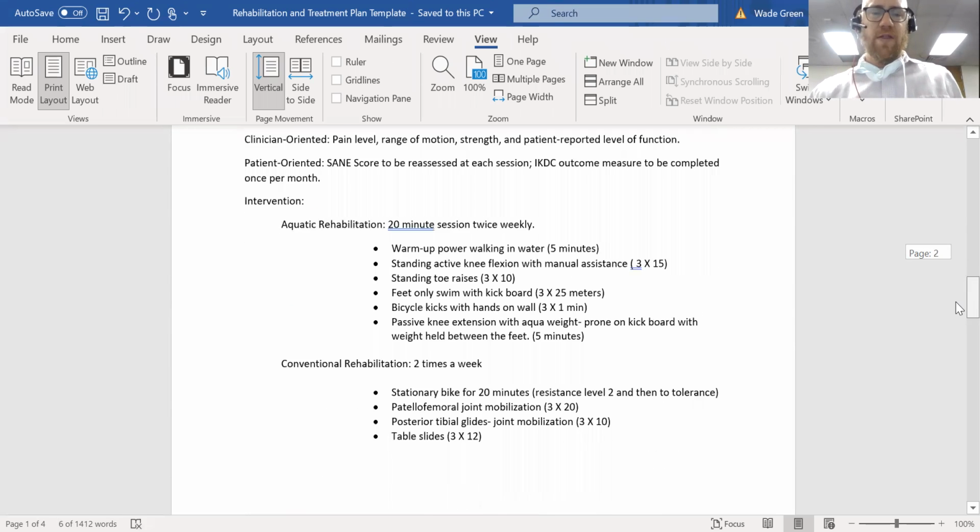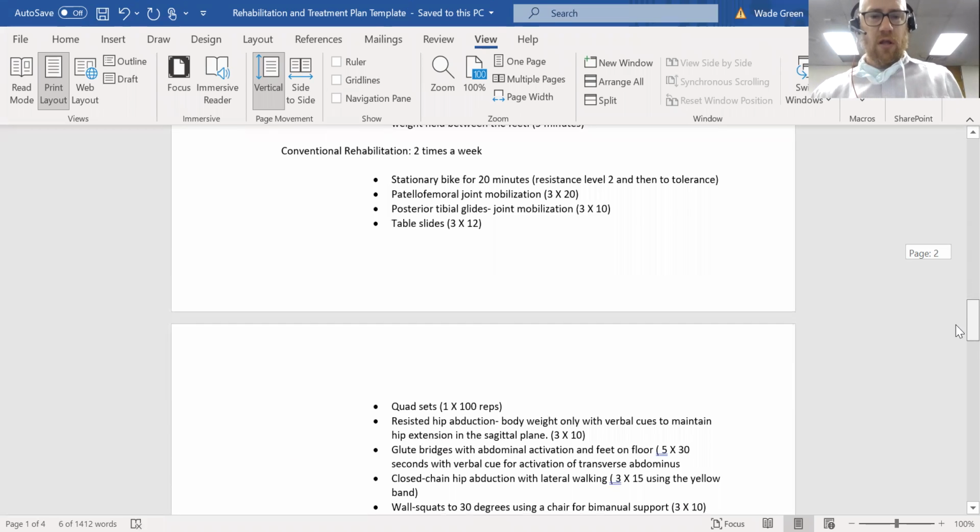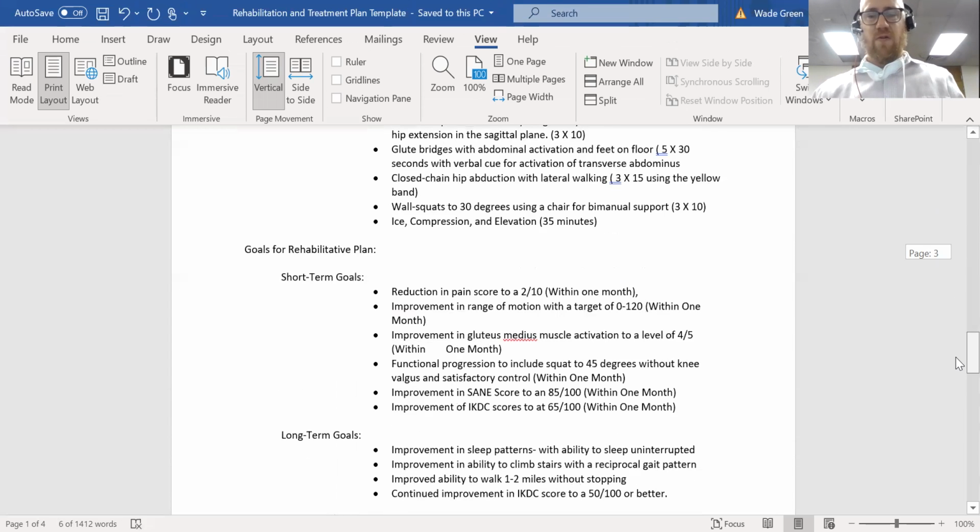If we scroll back down here, I have expressed a goal that I want to have an improvement in her SANE score to 85 out of 100 within a month. Why 1 month here? Because that is how long the Athletic Training Practice Act in Minnesota allows us to see a patient prior to referral to a physician.